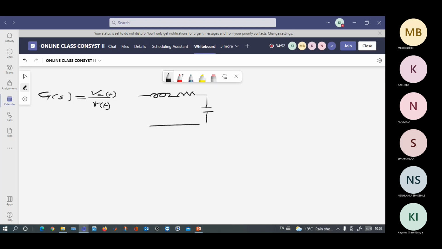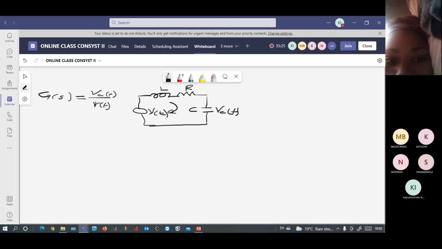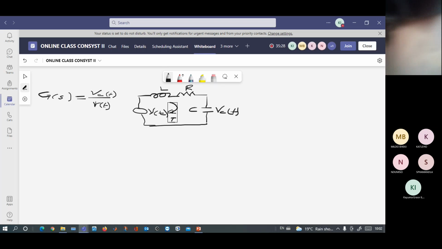We have our input voltage, which is V(t), and there we have V_C(t), the output. There we have R, there we have L, then here we have C. And inside here we have the current flowing, which in the time domain is i(t).